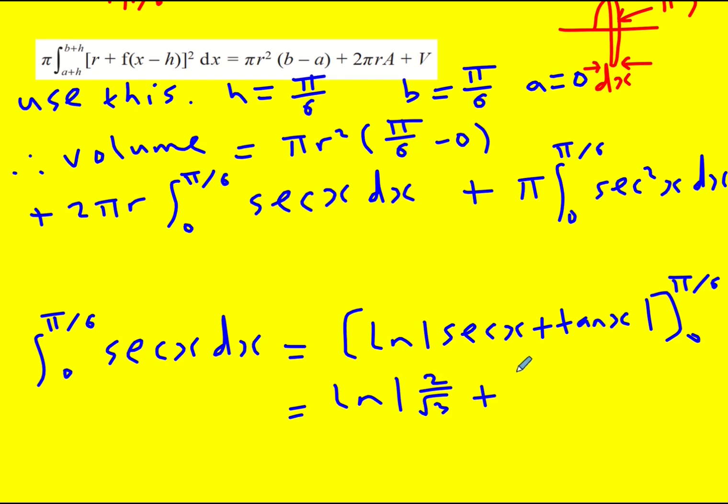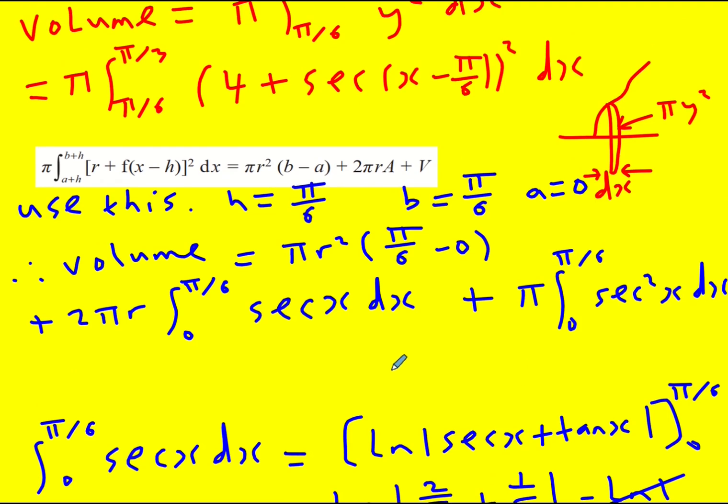And then tan of pi over 6 is 1 over root 3. Then I'm minusing ln of, well, 1 over cos 0 is just 1, and this is going to cancel. So that's going to leave me with ln of 3 over root 3, so it's actually ln root 3, which is pretty nice.